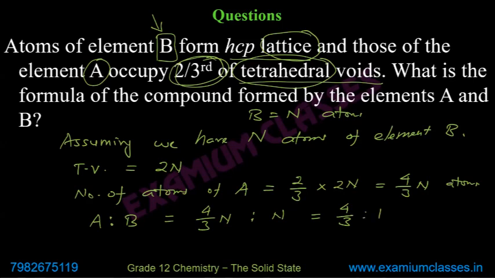You divide by n and then multiply by 3, 4 is to 3. You know ratios remain same if you multiply or divide by the same number. So here you divided by n, both 4/3 is to 1. Then you multiplied both by 3, 4 is to 3, means the formula will be A4B3, not A3B4.